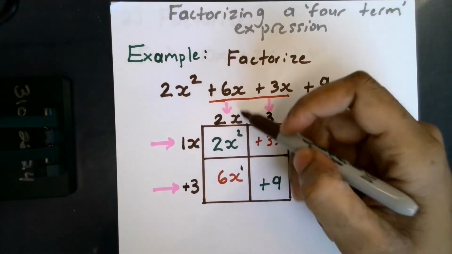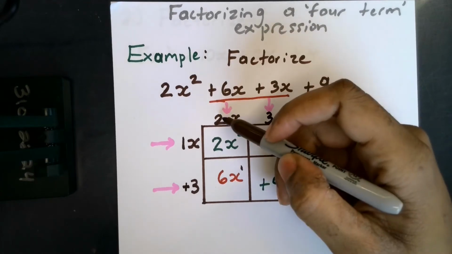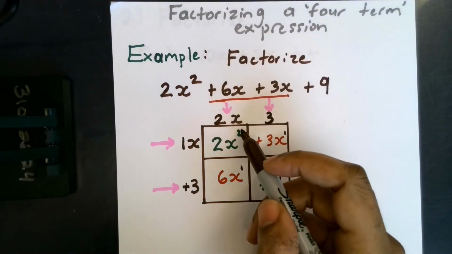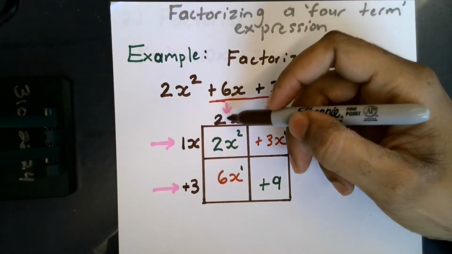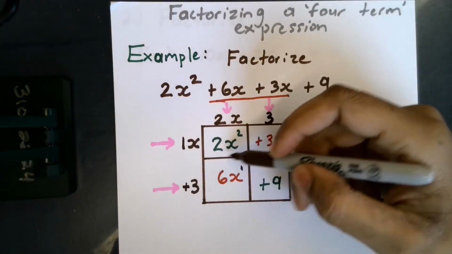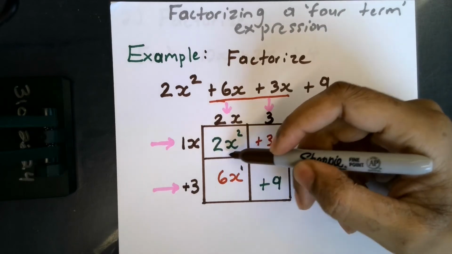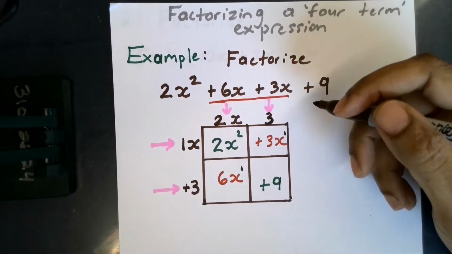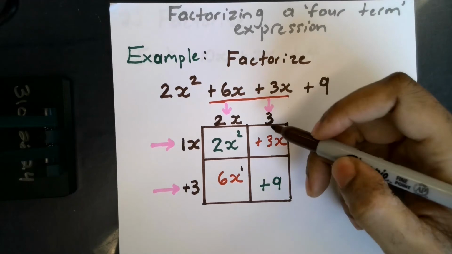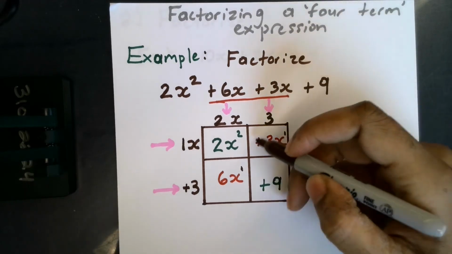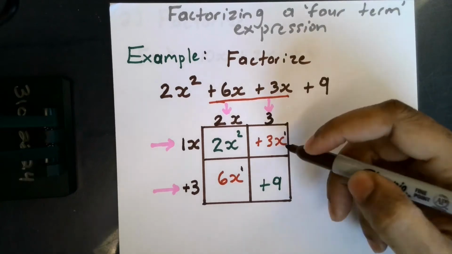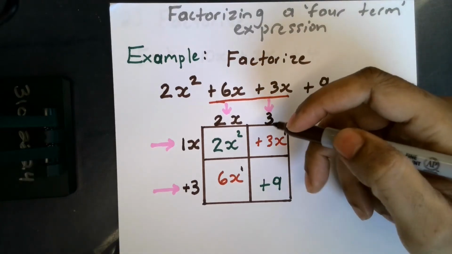This term is positive because our first term is positive. And look at our arrow. Our first term inside our box is positive. Look at this arrow now. This number is positive because the first term is positive, in this direction.